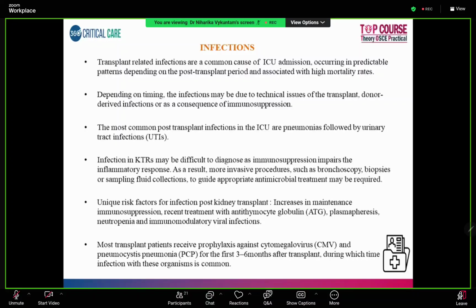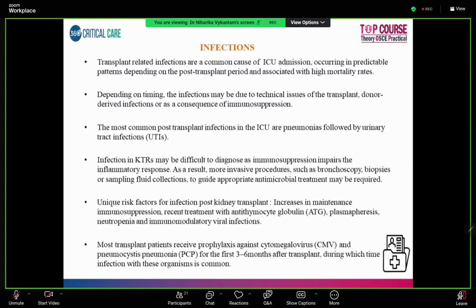So, transplant related infections are a common cause of ICU admission, and they occur in predictable patterns depending on the post transplant period and are associated with high mortality rates. These infections can occur due to technical issues of the transplant, or due to donor-derived infections, or as a consequence of our immunosuppression. Okay.